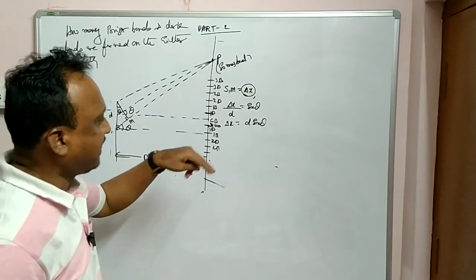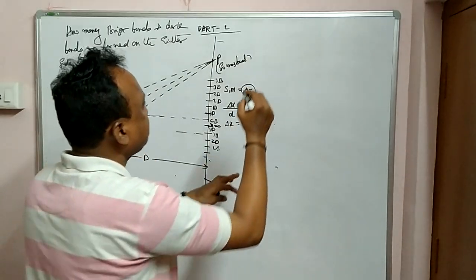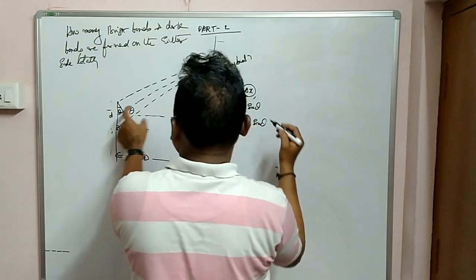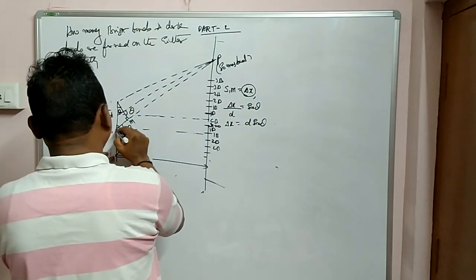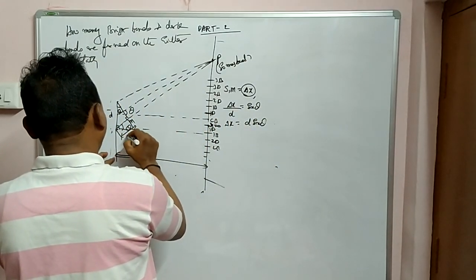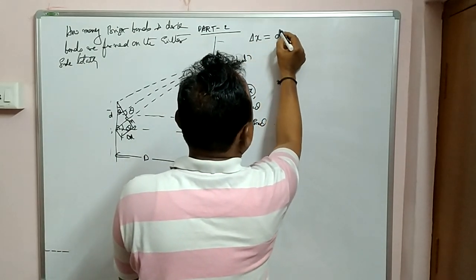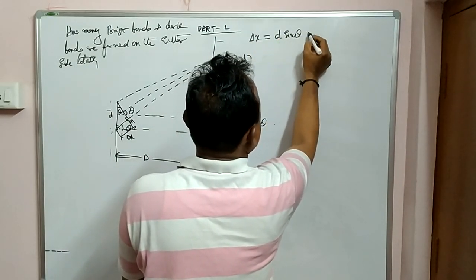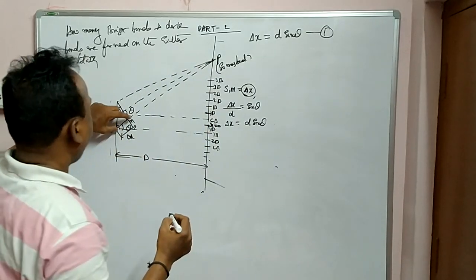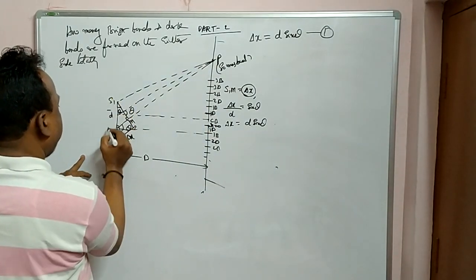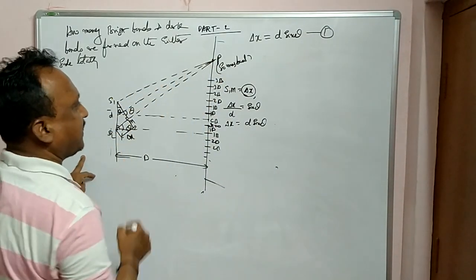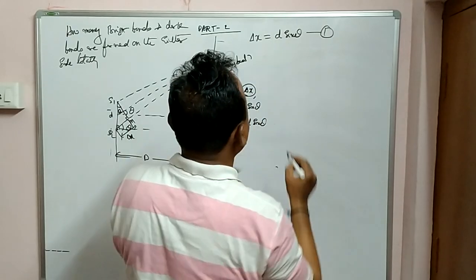See, yesterday we already derived one equation. What is this distance? This is the displacement delta x. This delta x, the path difference, we got as d sin theta. The path difference from sources S1 and S2 to this point P, we got d sin theta.